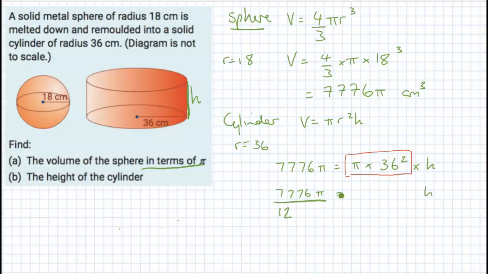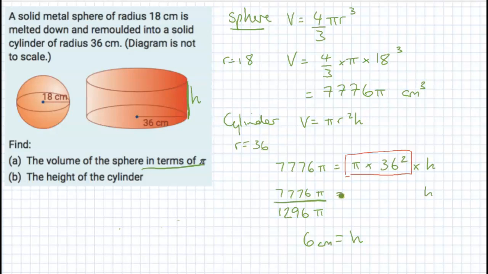So that is what we're now going to divide our 7,776 pi by. And when we do that, we should get an answer that's reasonably straightforward. In this instance, we get the answer of 6. So we know the height is 6 and the units are centimeters.